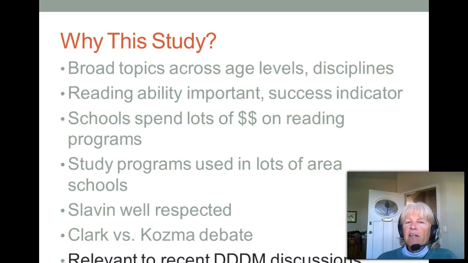And then the last reason for selecting this particular study is that the types of programs that are discussed in this meta-analysis rely very heavily on data. Data that are collected about student performance, data that is either used by the program or used by teachers in conjunction with the program itself to be able to provide instruction at the level of the learner.